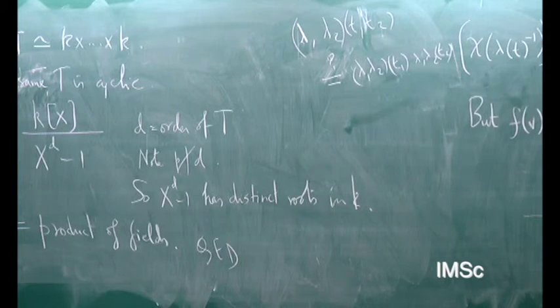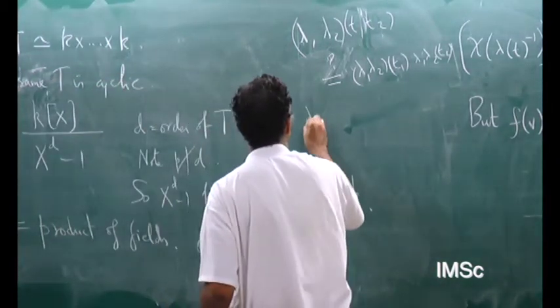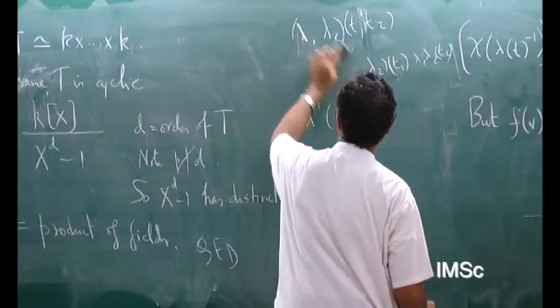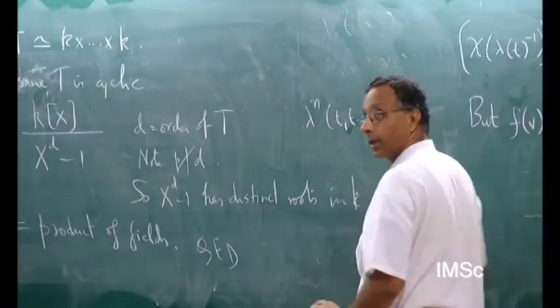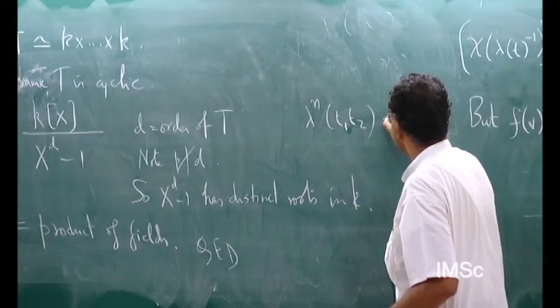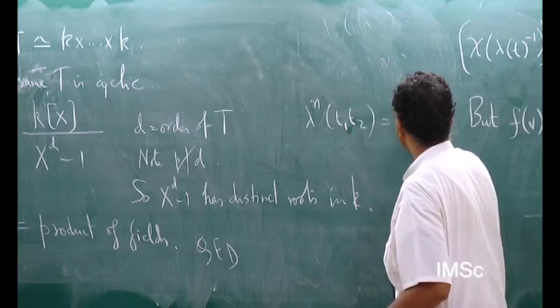Could you check that at least what the book says is correct? That is just lambda power n. So lambda power n of T1, T2, let us check that this must be a one parameter subgroup.